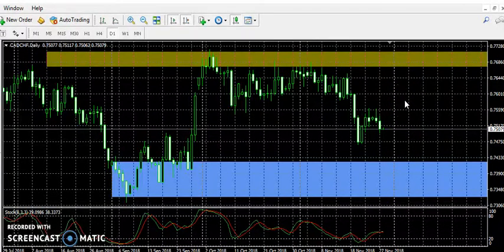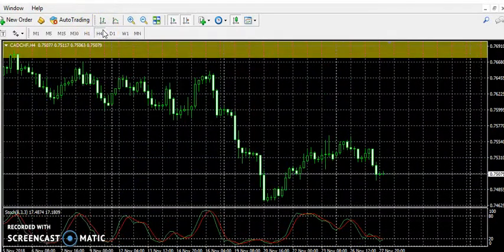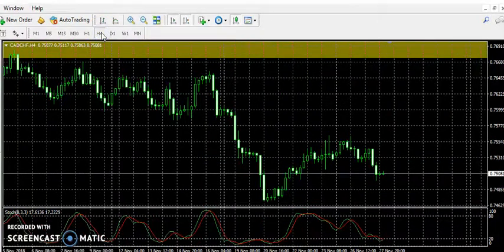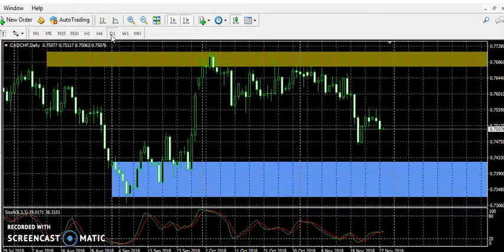So yes, that's the outlook for CAD franc for right now. We can't initiate this as a downtrend yet because we haven't had a lower low.